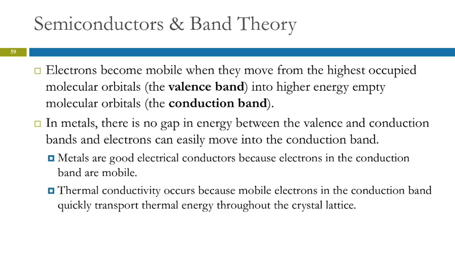The valence band is just stop and go traffic, nothing's moving. Stand still. They move into the conduction band that's empty, and they can move freely across the surface of the metal. So metals do this. Metals are good conductors of electricity because the electrons can get into that conduction band because there's really no difference in energy.